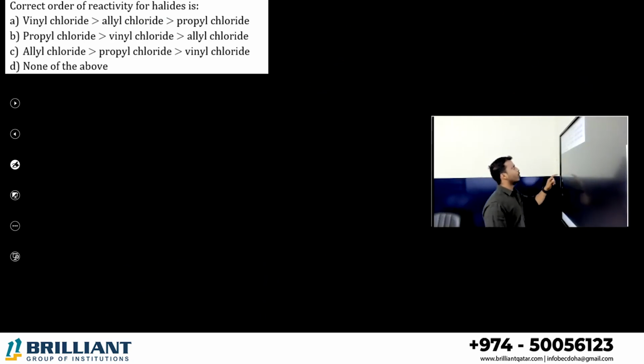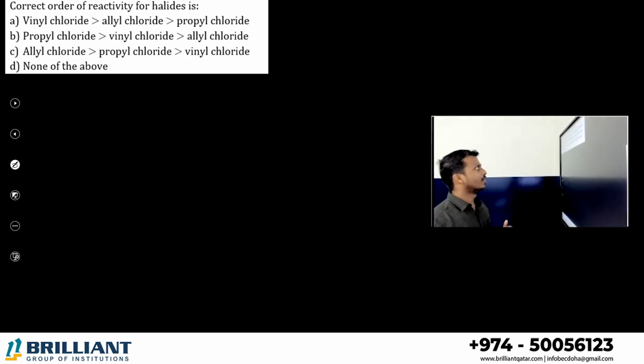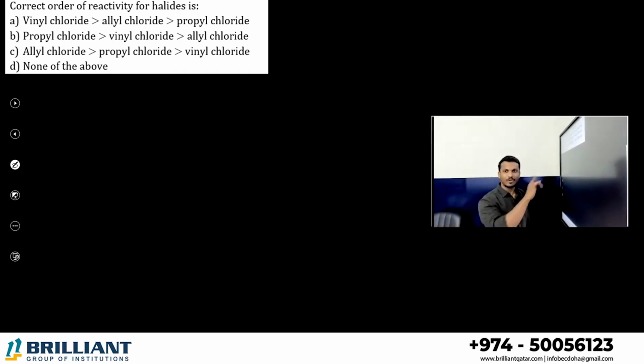What is the correct order of reactivity for halides? They didn't specify which reaction. Allyl, vinyl, propyl. We discussed the stability of the carbocation of this kind of chloride. Once again I am repeating the stability order.